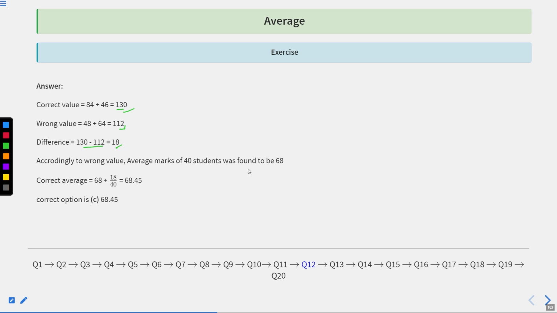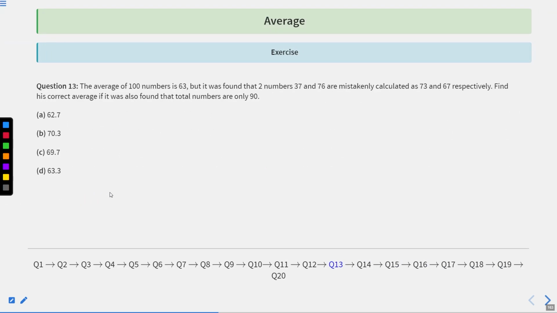According to the wrong value, the average marks of 40 students was found to be 68. So we have to make some changes. So the correct average will be 68 plus 18 upon 40, that is 68.45. So the average increased in this question, and the correct answer is option C, that is 68.45.